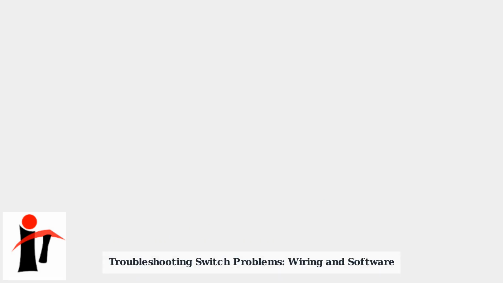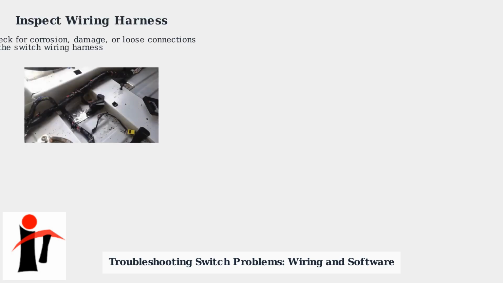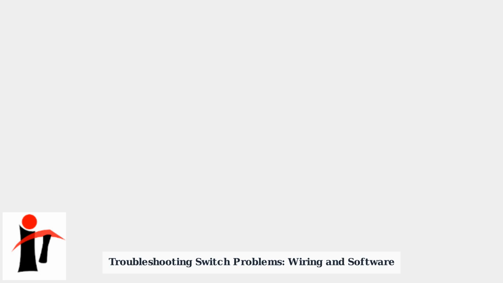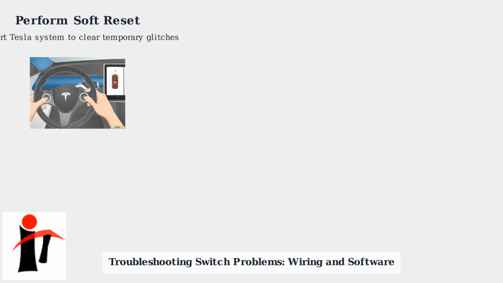Switch problems in the Tesla Model S rear window system often stem from wiring issues or software glitches. The switch controls the sunroof mechanism and can malfunction due to electrical shorts, corrosion, or programming errors. Start by inspecting the wiring harness for corrosion, damage, or loose connections. Look for signs of wear in the electrical connections that could interrupt the signal to the sunroof regulator. If wiring looks fine, try a soft reset of the Tesla system.